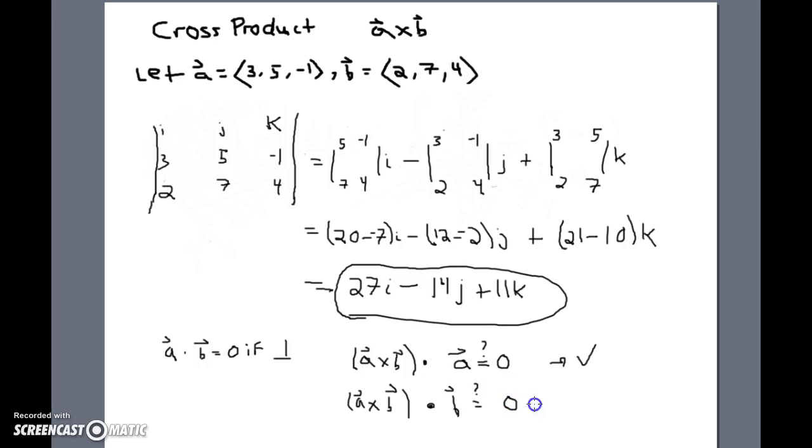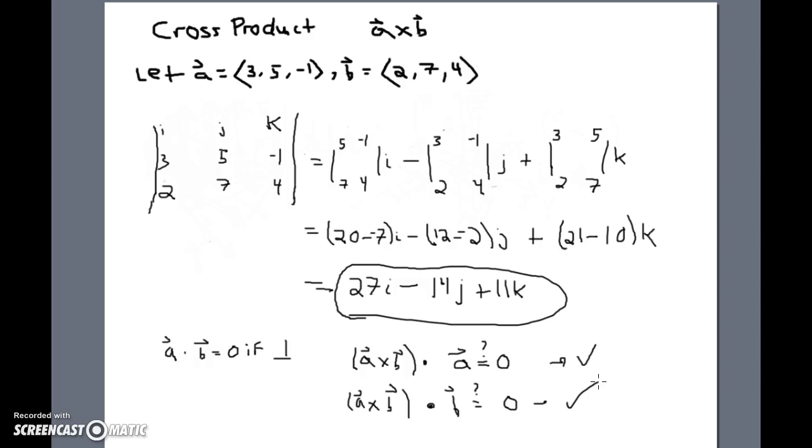Again, let's check. And it is. So this is the correct answer because this vector, by definition, is perpendicular to vector A and vector B.